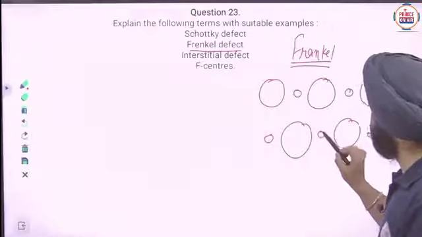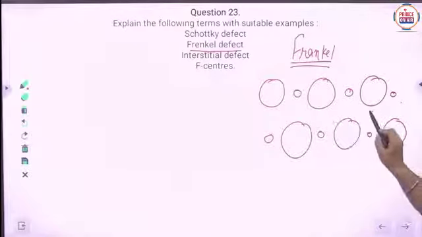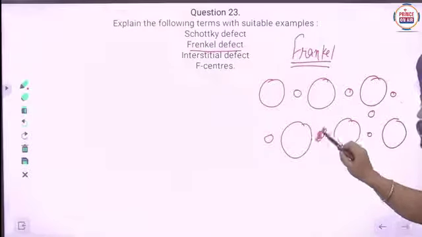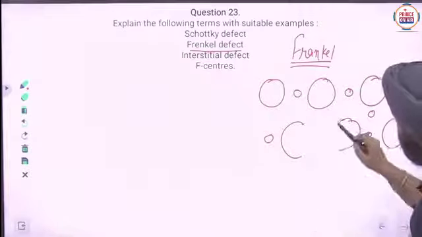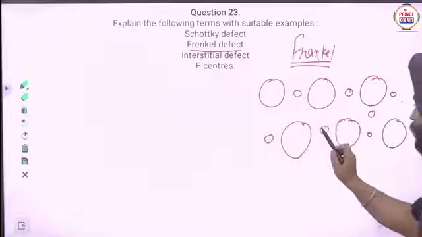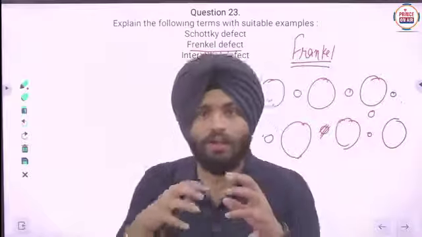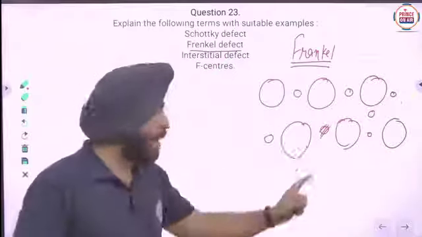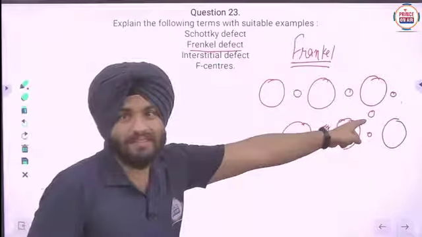One of the cations will jump from its own position and shift to the interstitial site. It creates a hole here, so both defects happen together: the hole, that is the vacancy, and also the interstitial.